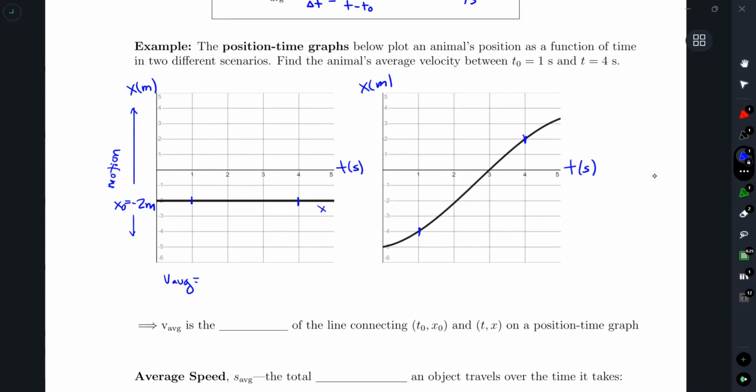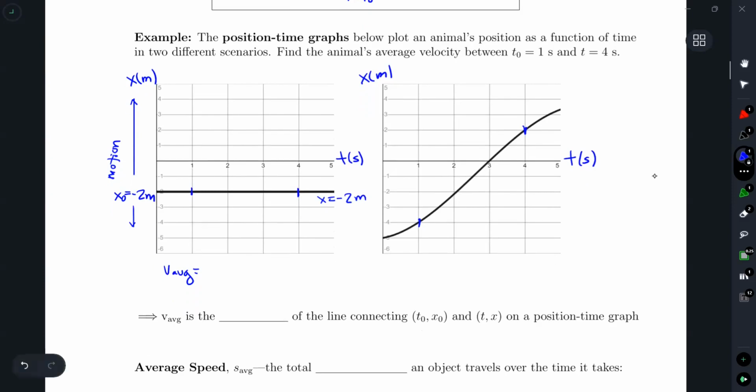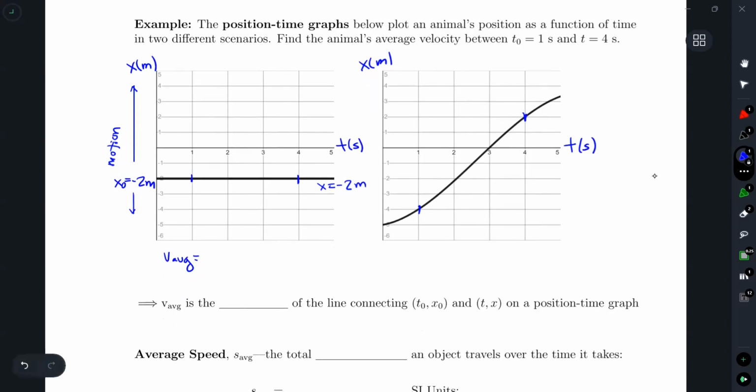Also -2. Yeah, so pretty quickly you can tell what's happening here without worrying about calculating an average velocity. What's this animal doing? Standing still. Yeah, it's not doing anything. It's a very boring position time graph. But average velocity does capture that for us. It tells us the same information.